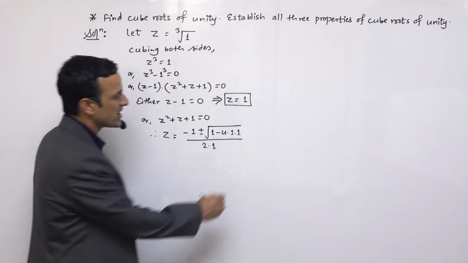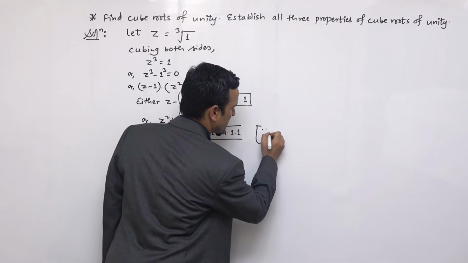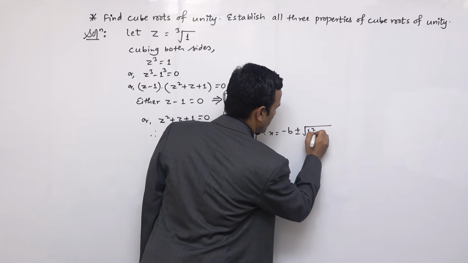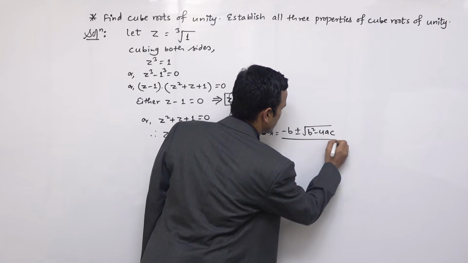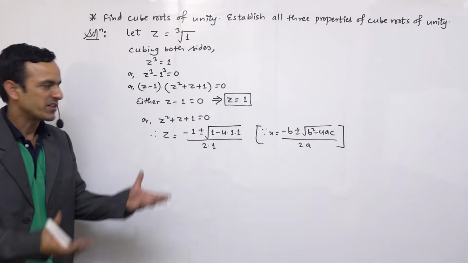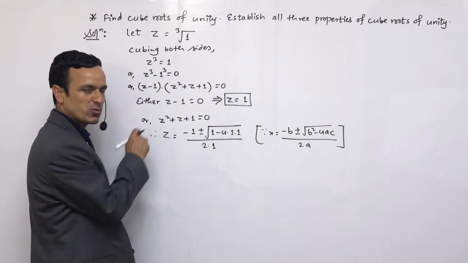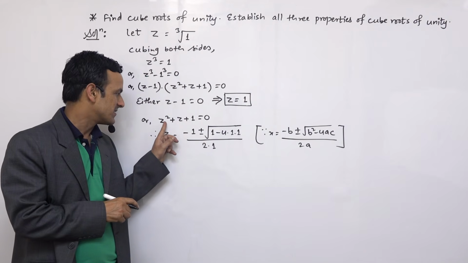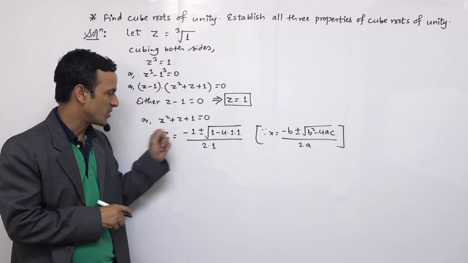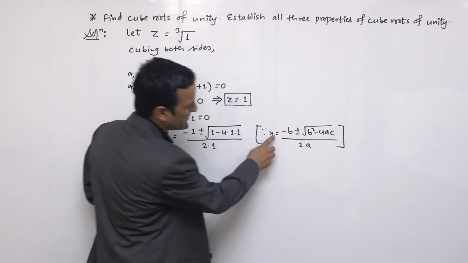So this is the formula of quadratic equation. This is a quadratic equation because z has power 2. Degree 2 means it is a quadratic equation. So this is the quadratic formula.